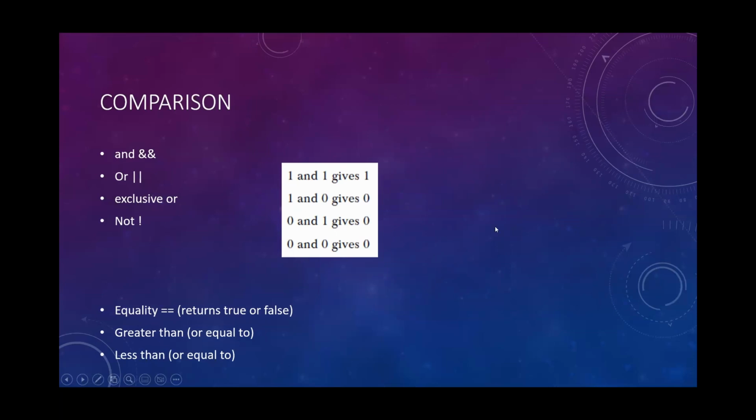Everything else is going to give a false because they're both not the same. We do have the option to do an equality, which is going to return a true or false, and it is the double equal sign as opposed to the single, which is the assignment. We do have the greater than and the greater than or equal to with the same symbols, and the less than and less than or equal to with the same symbols.